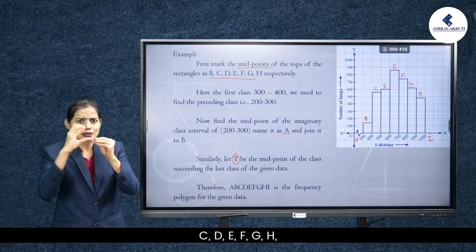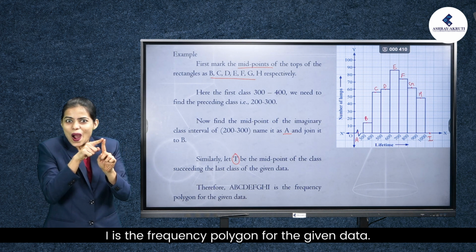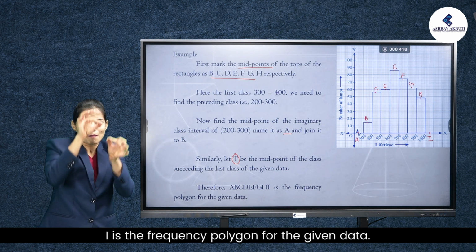Therefore, A, B, C, D, E, F, G, H, I is the frequency polygon for the given data.